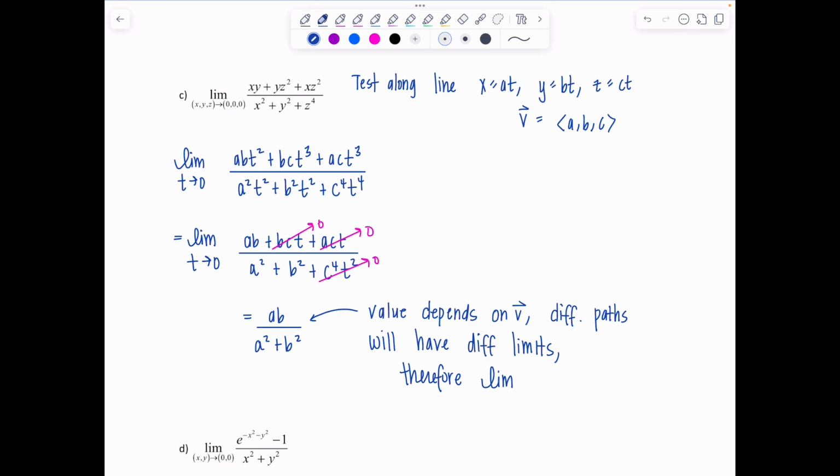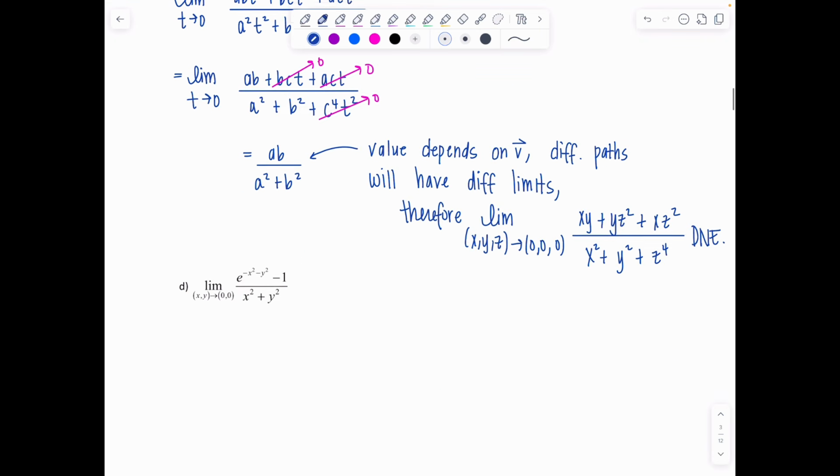The limit of what? Let me tell you. The limit as (x, y, z) approaches (0, 0, 0) of xy plus yz squared plus xz squared over x squared plus y squared plus z to the fourth. That function's limit doesn't exist. Okay, very good. Last one.